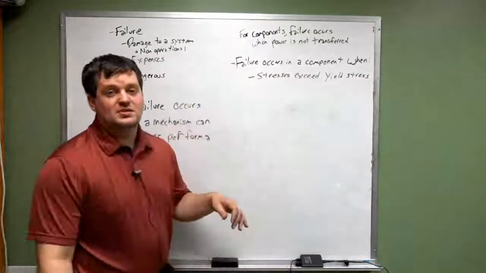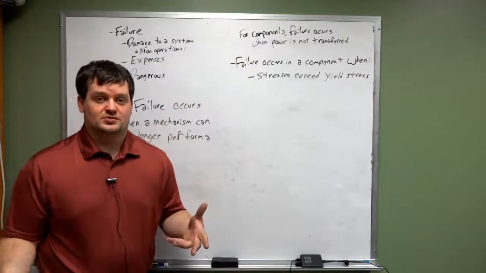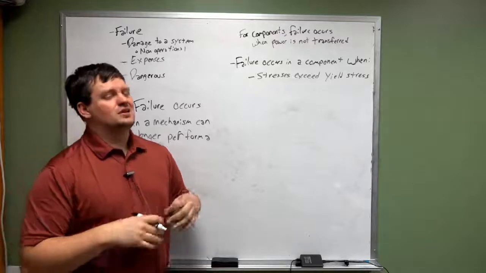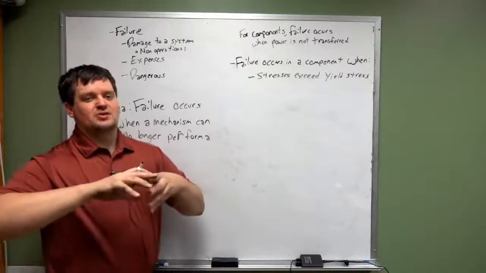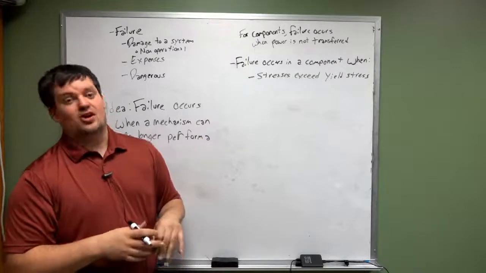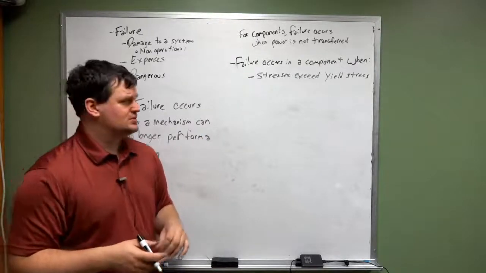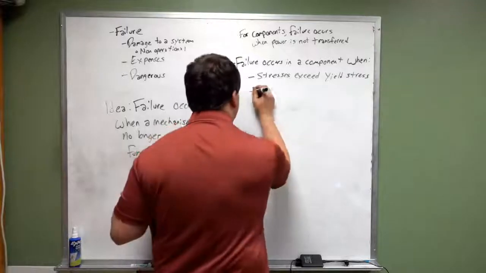What does that mean? It means that your component plastically deforms. Your mechanism was not designed so that your components could be all weird shaped. They all have to be pretty tight toleranced. Okay?